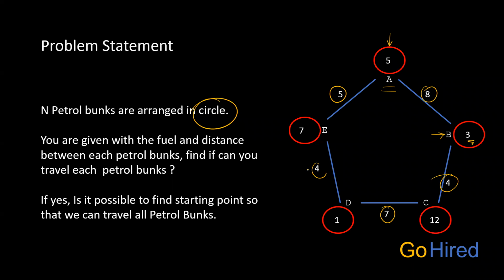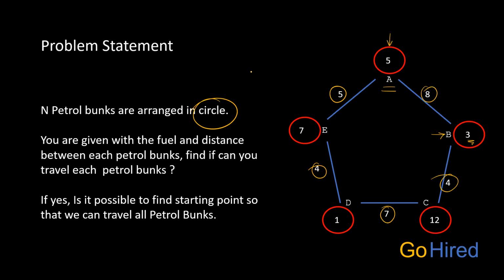As per the diagram, we have 5 points, and the things given to us are actually not 5 but 10, which is 5 distances and 5 petrols. What you need to find out is whether you can complete the circle of these 5 cities or the 5 petrol bunks.